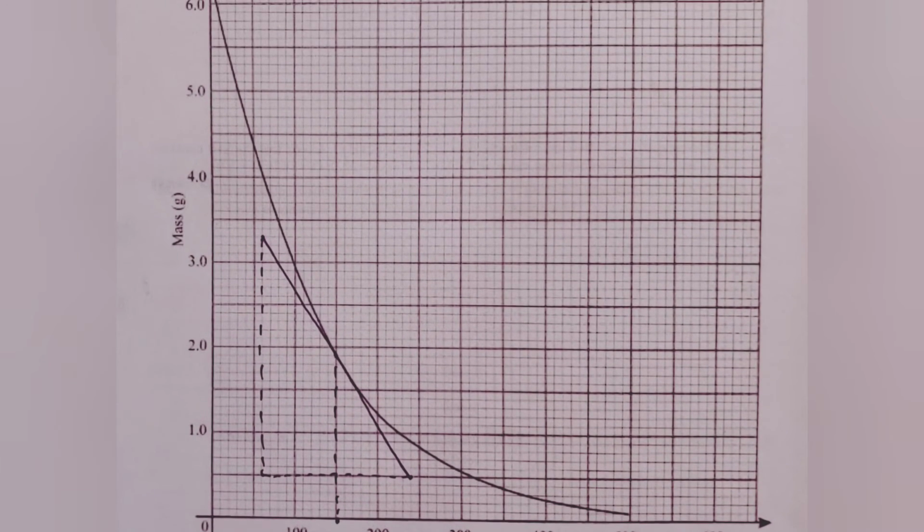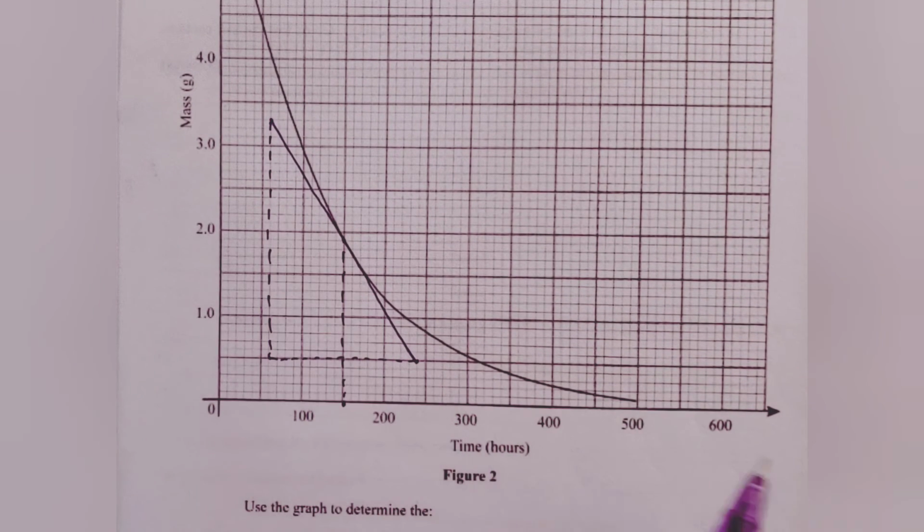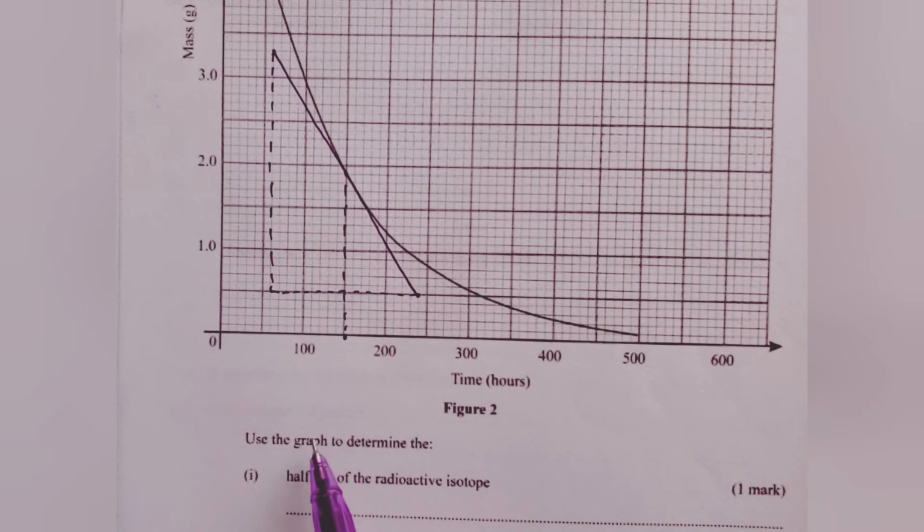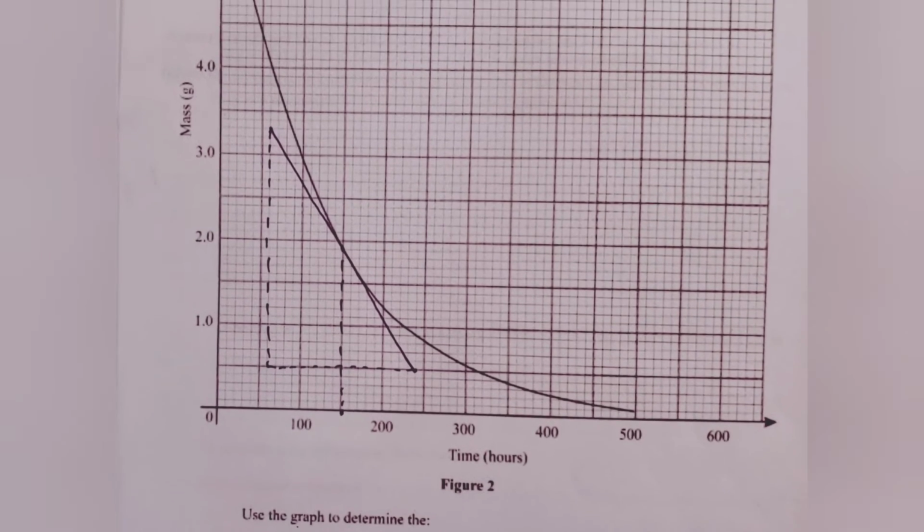Of course, this tangent that is shown here was not part of the graph. I have drawn it to help us do a question that was asked about the same. So the first part, we are asked to use the graph to determine the half-life of the radioactive isotope.